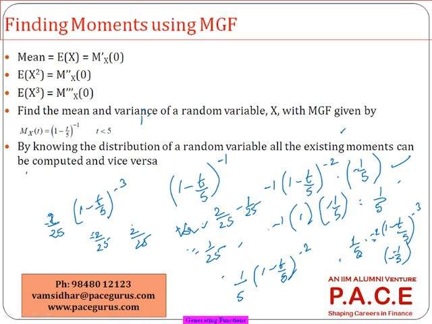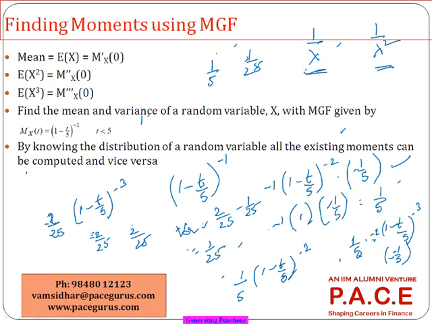Or probably if I am getting the mean is 1 by lambda, variance is 1 by lambda square. This is how we are getting here. The mean I am getting 1 by 5. The variance I got 1 by 25. Mean is 1 by lambda and variance is the square of that. Square of the mean is the variance.